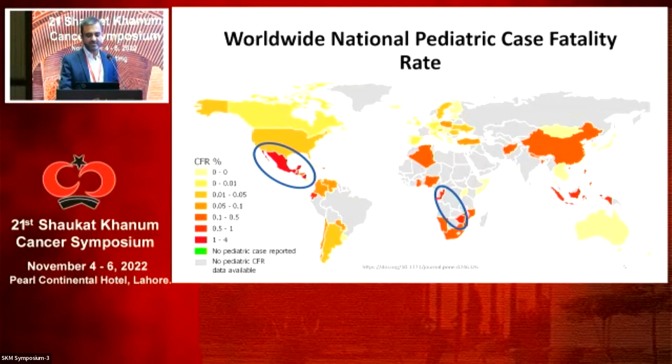Two regions reported very high case fatality ratios: South America, Brazil and other countries, as well as Africa. We had some data from Afghanistan, which also showed a high case fatality rate in children overall, but we don't have any national data of children with COVID-19 from Pakistan.